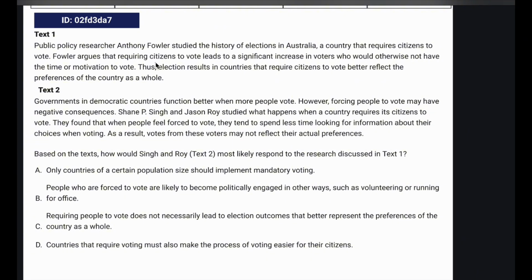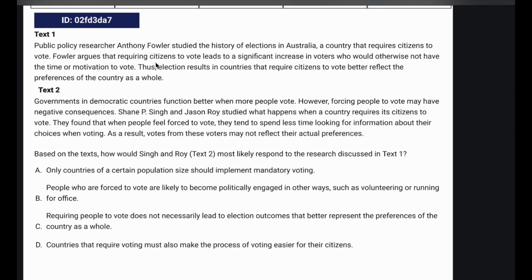Fowler argues that requiring citizens to vote leads to a significant increase in votes who would otherwise not have the time or motivation to vote. Aytayaptiki, odamlarni ovoz berishga majburlash ovozlar sonining oshishiga olib keladi, motivatsiyasi yoki vaqti bo'lmaganlarga qaraganda.